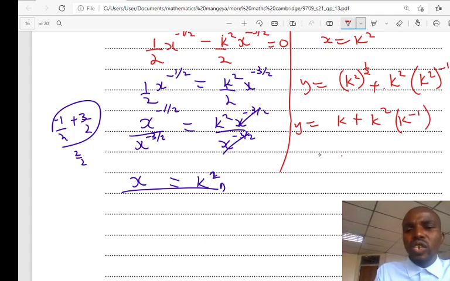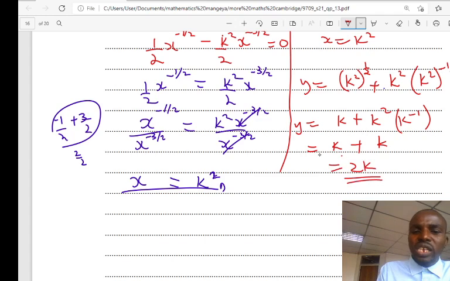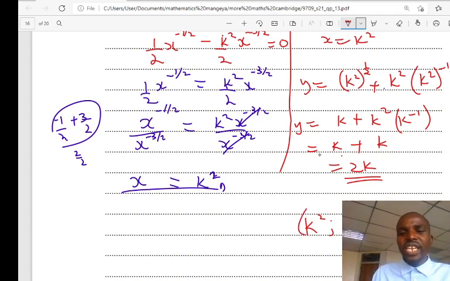So it will be k plus, then multiplying with the same base, maintain the base and add the powers, so 2 minus 1 is 1. So here you get 2k. So the values are k squared for x and 2k for y. Then in this case you can say you are done.